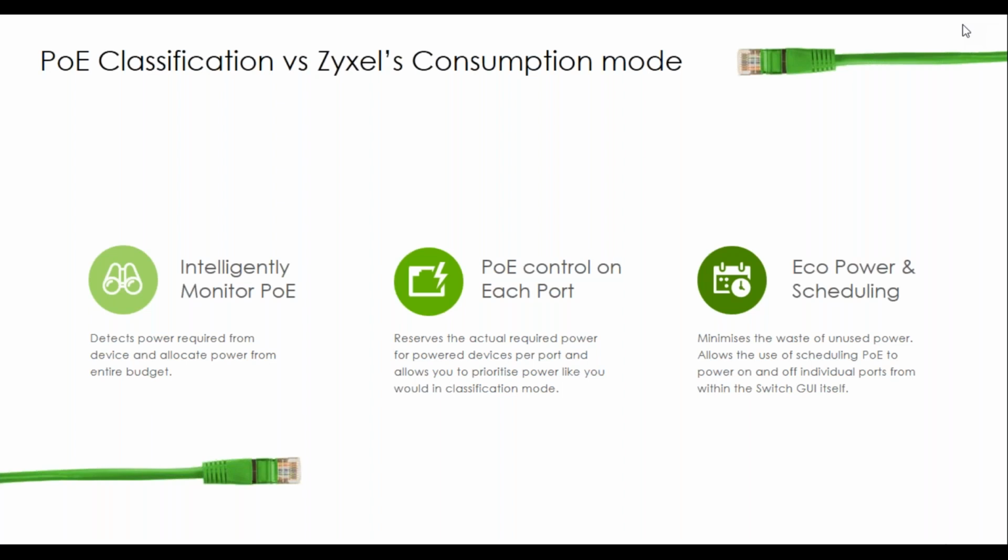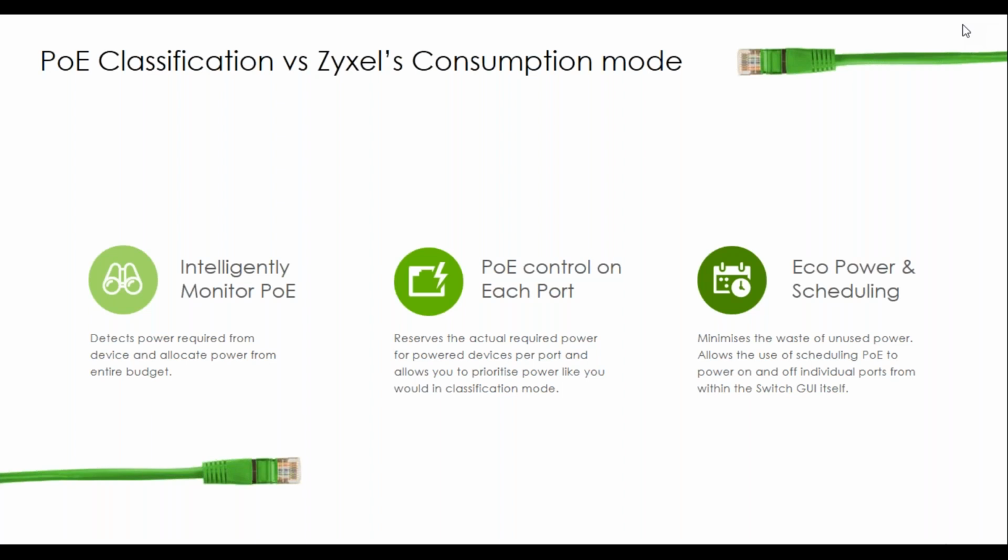People might ask, why do we have the classification mode then, if this is more or less the bad thing? No, it's not really bad, especially when you have old products or products which are not really following the standard or are not able to negotiate the power consumption. Then you need to leave the port on classification mode, because then you can ensure that these devices are powered up.